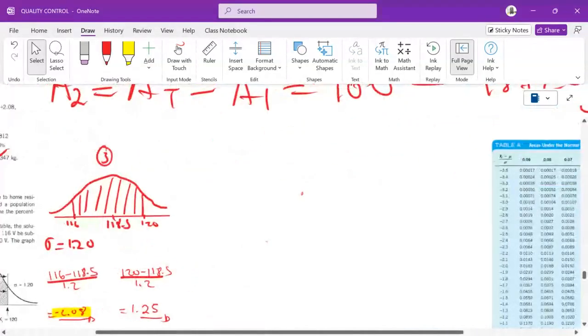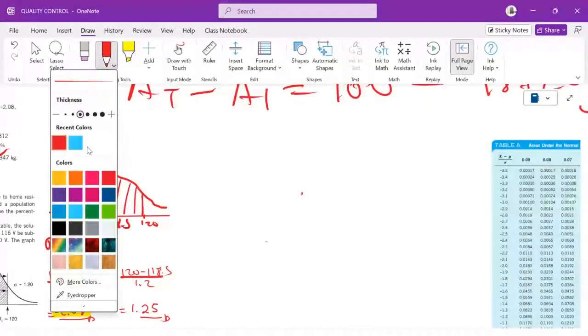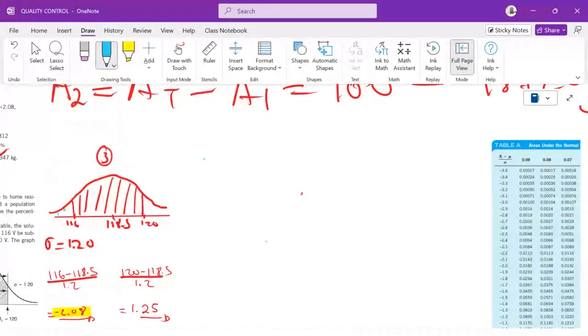All right, so now the area we are in question starts here at 89.44. It goes all the way here. That is your 0.